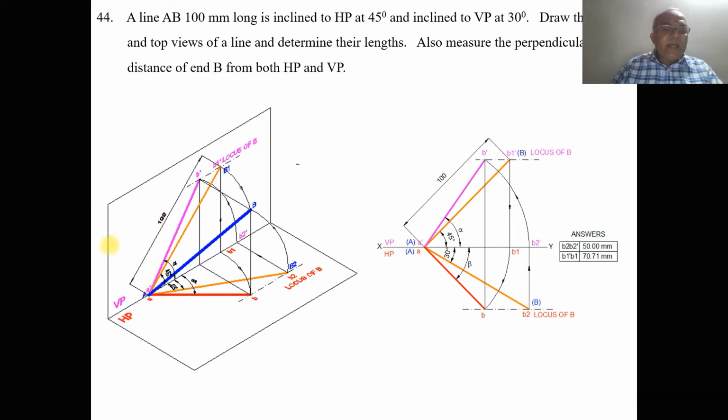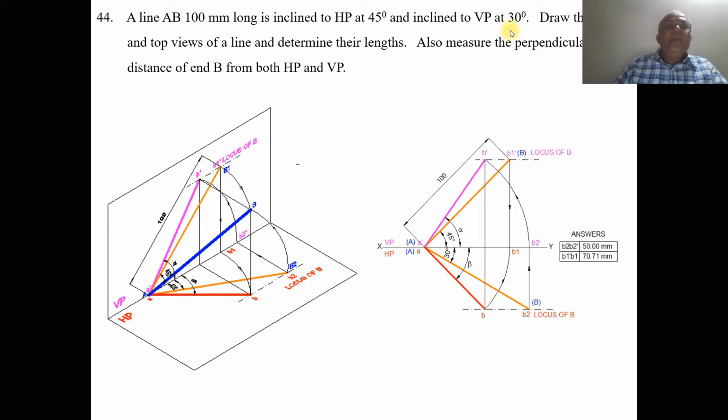If I give a distance above HP and in front of VP, the distance with respect to both HP and VP will keep on increasing. So we need to find the minimum distance, and I will get it only when end A is resting on both HP and VP. That is the reason we have considered one end of the line to be on both HP and VP.